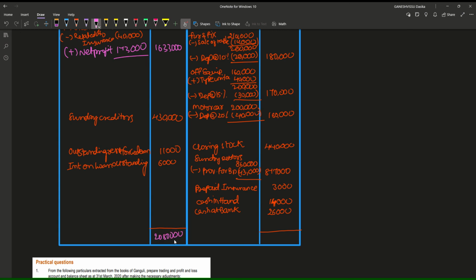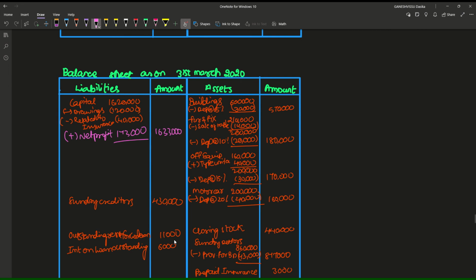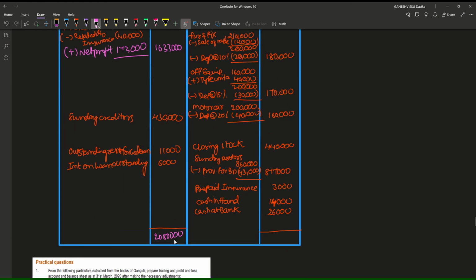And we shall deduct the balances of assets: minus 5,70,000 minus 1,80,000 minus 1,70,000 minus 1,60,000 minus 4,40,000 minus 8,17,000 minus 3,000 minus 14,000 minus 26,000. We get the same, zero, so 20,80,000 will be the value. So this is what we need to solve.